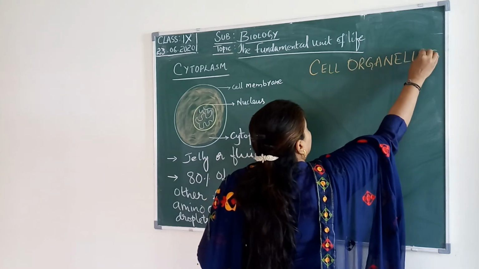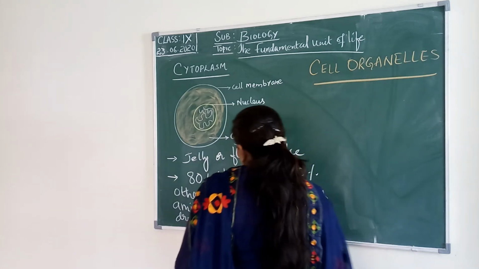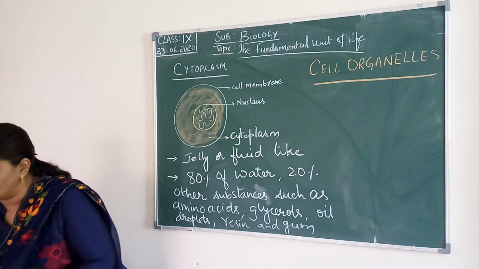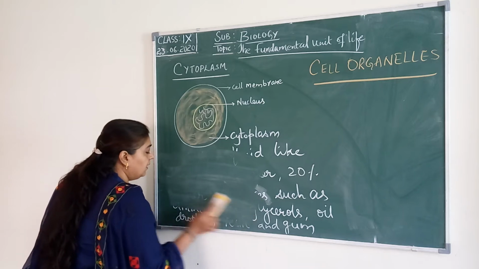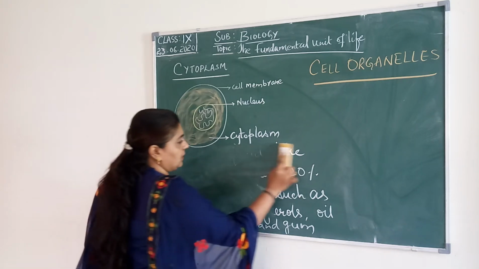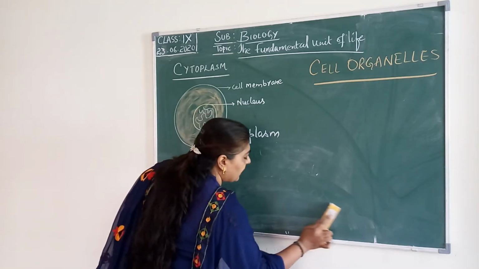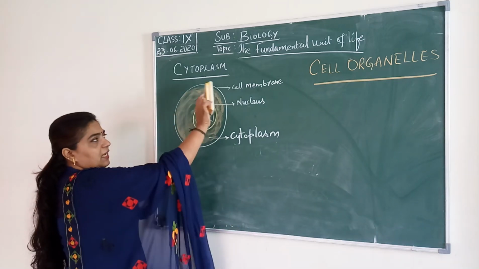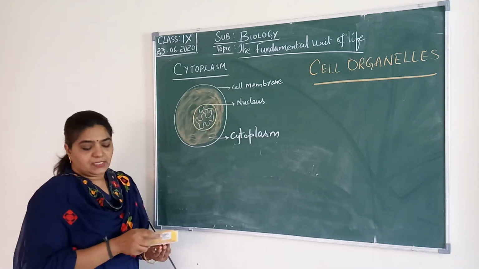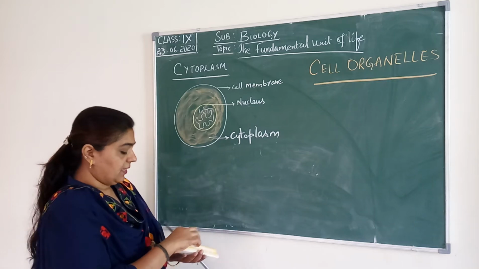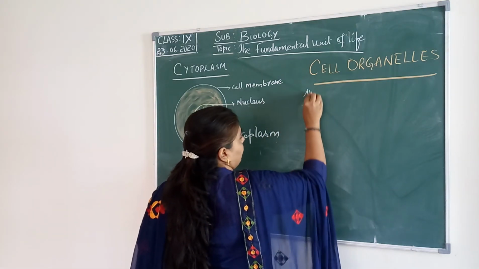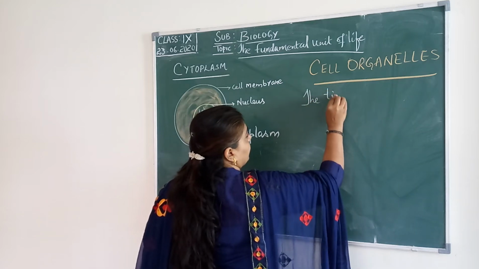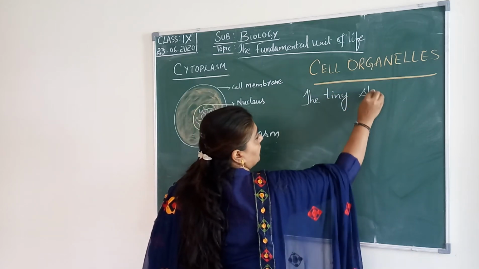Can you tell me what cell organelles are? Cell organelles are living structures. They are the tiny structures which are scattered throughout the cytoplasm.